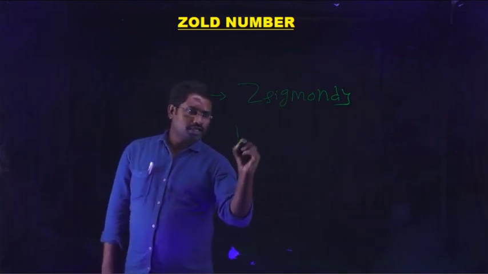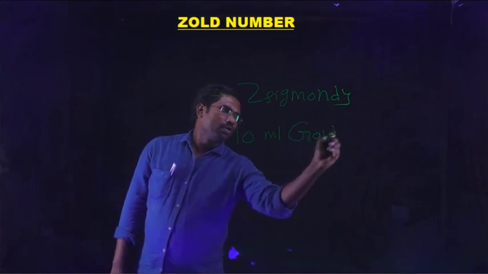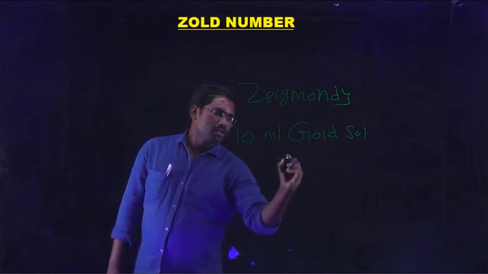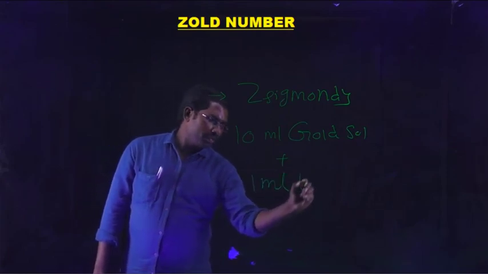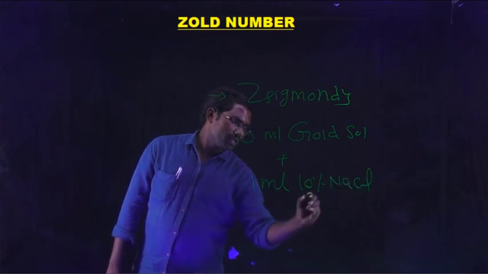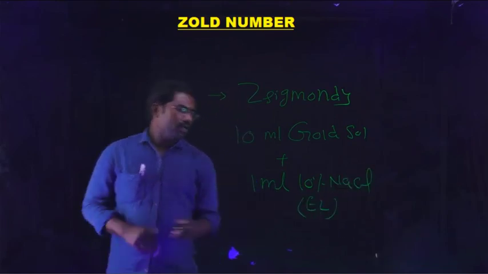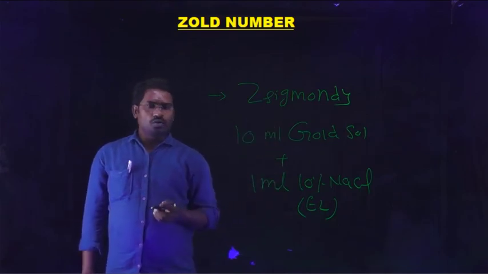If you are taking 10 ml gold solution, to the gold solution we are adding 1 ml of 10% sodium chloride solution.